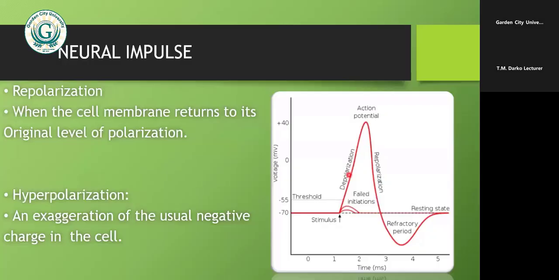Exactly. Now, more sodium will continue to enter. As the sodium is entering, it is changing the negativity to positivity. So it will get to what we call positive 40. So you see positive 40 here. Have you seen it?